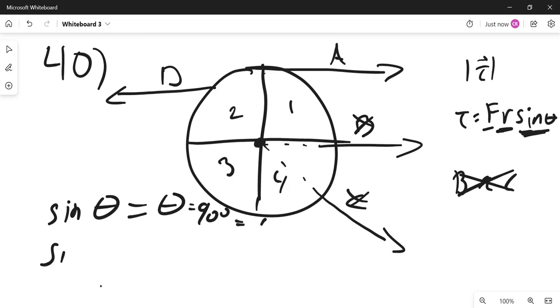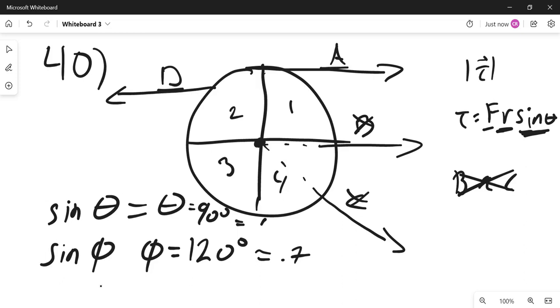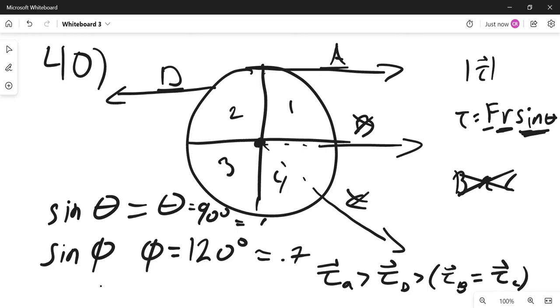For D, I'm going to say phi, which in the diagram looks to be around 120 degrees, and sine of 120 is about 0.7. So the torque from A is greater than D. Torque A is greater than torque D, which is greater than torque B, equal to torque C. That's how we've solved this the physics 1 way.